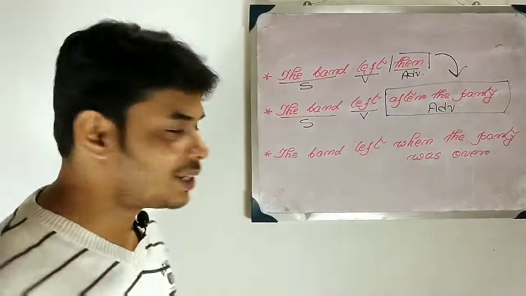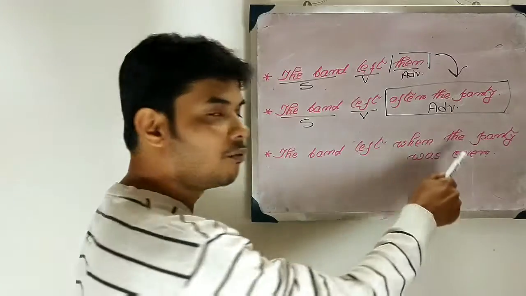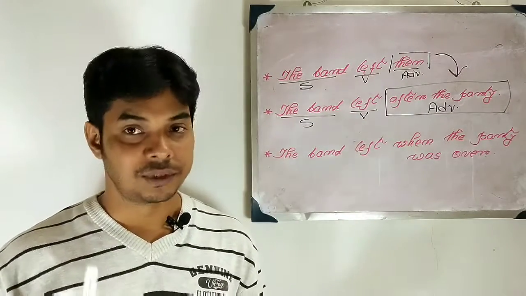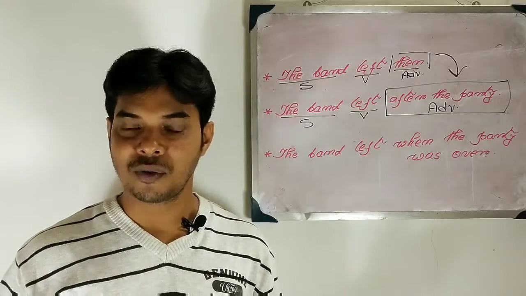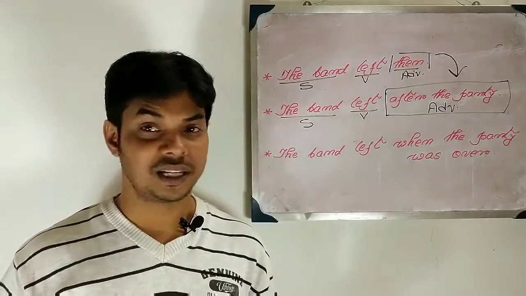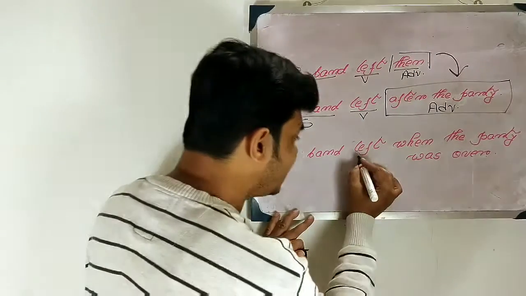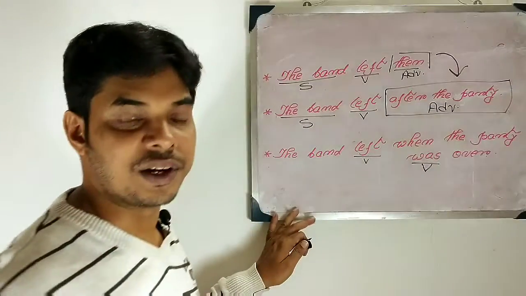And now look at the third sentence: The band left when the party was over. Here I'd ask you to check the verbs first. This is very important. Whenever you are going to analyze a sentence, your first task is to look for the verb. Here you'd see left and was. Two verbs are present here.